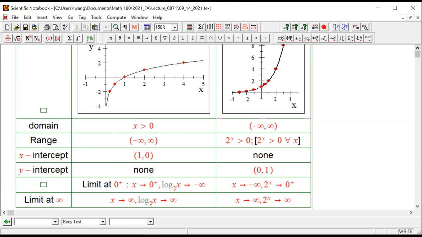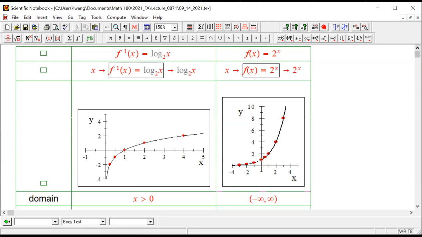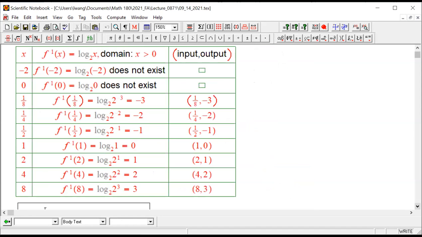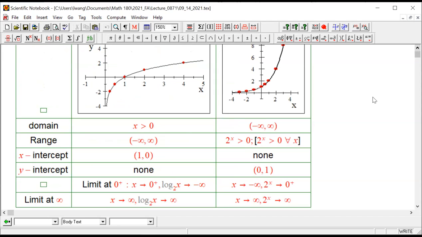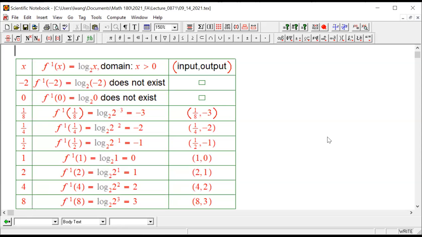Okay, so next, we're going to do natural log, ln x. Before we do ln x, actually, I'm kind of debating if I should do this with you.